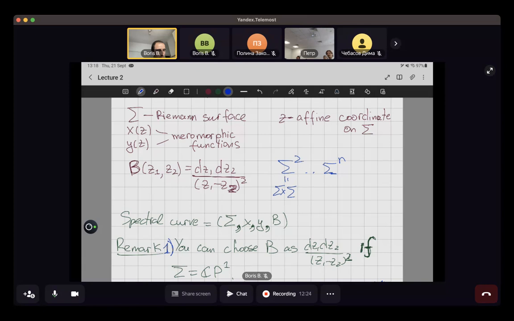This has a simple zero at z equal to 1, a simple zero of dx over x. And for y we have just z, so there are no zeros of dy, so the second condition also holds.